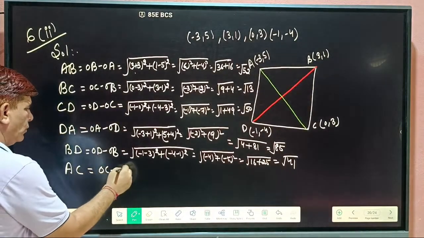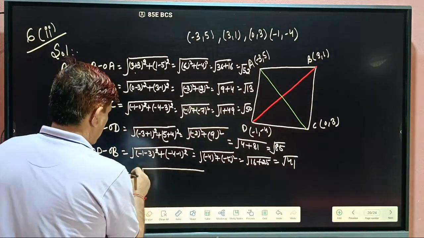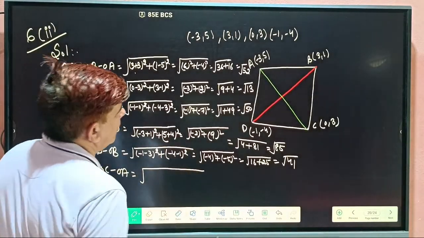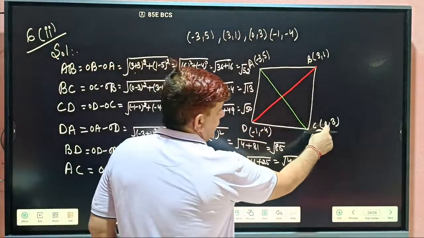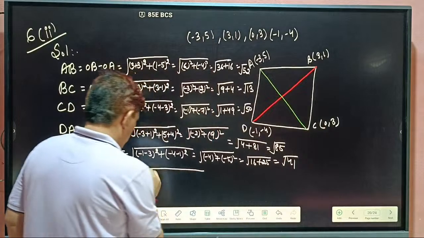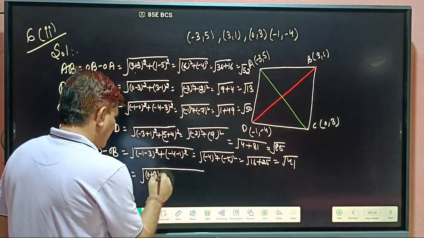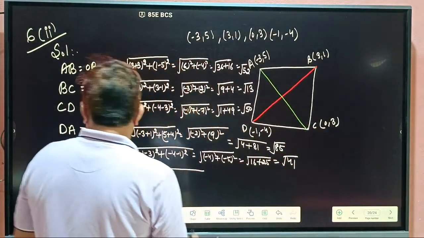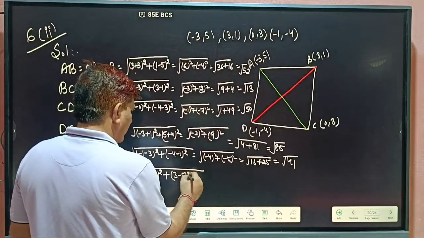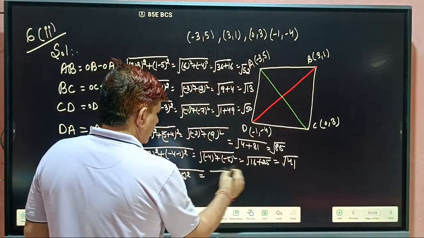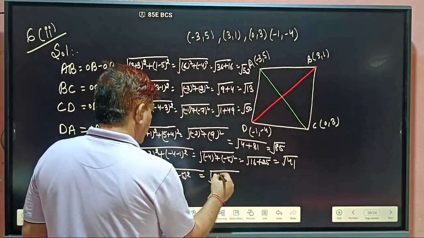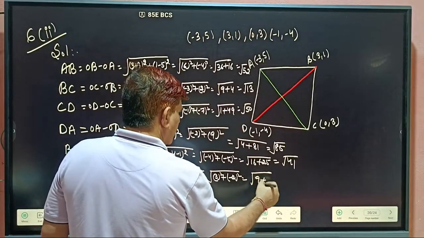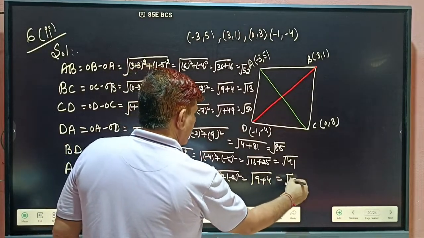Then BD we found, now AC also. OC minus OA. So (0 plus 3) whole square plus (3 minus 5) square, which is equal to 3 square plus (-2) square, equal to 9 plus 4, under root 13.